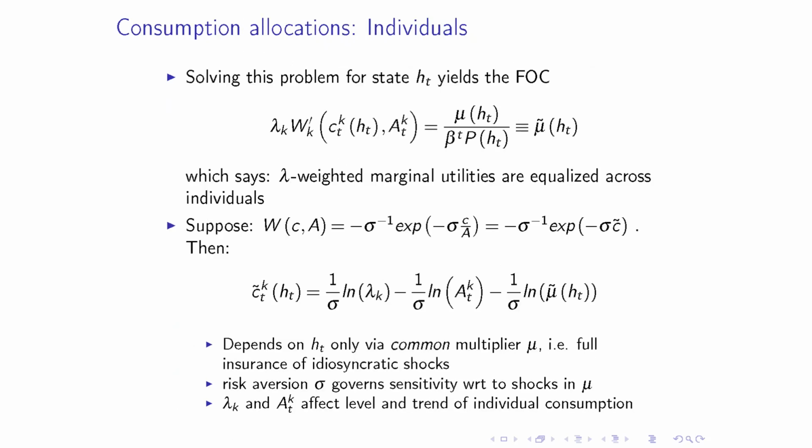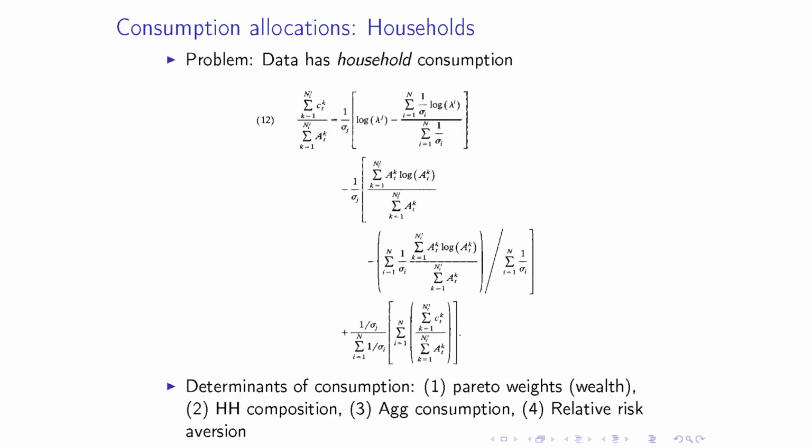When we solved this problem, we looked at the first order conditions, and we could see that weighted marginal utilities should be equalized to a common Lagrange multiplier. You can do the algebra and solve for the resulting consumption and get closed form solutions having to do with consumption moving with the aggregate and not moving at all with idiosyncratic shocks if the risk sharing is optimal.